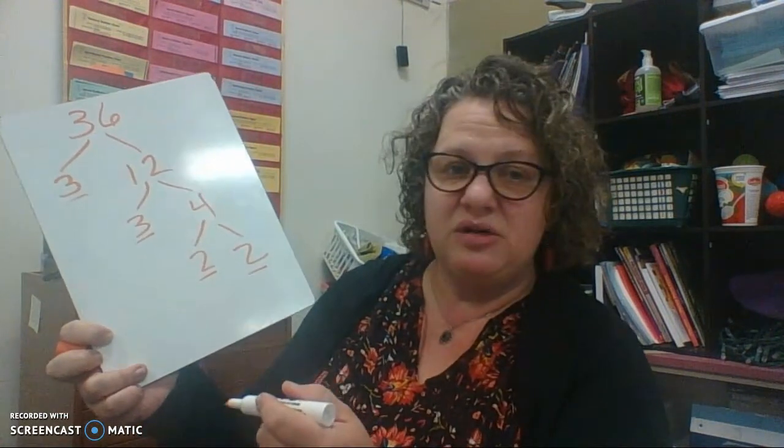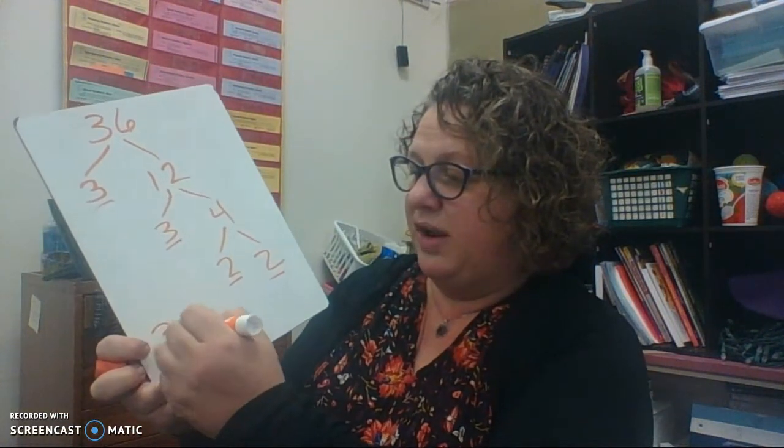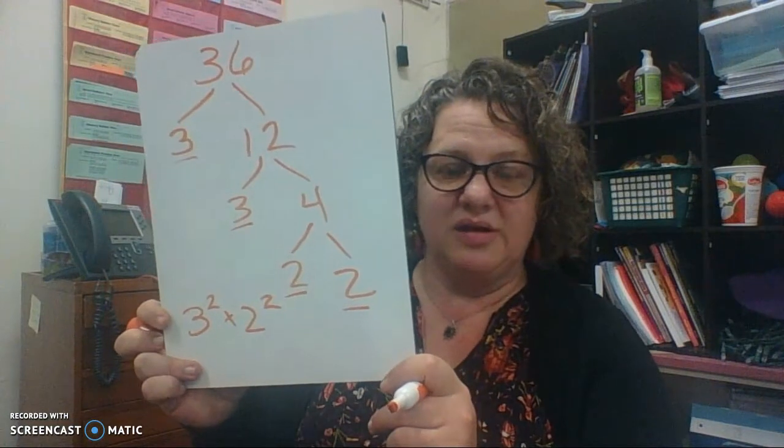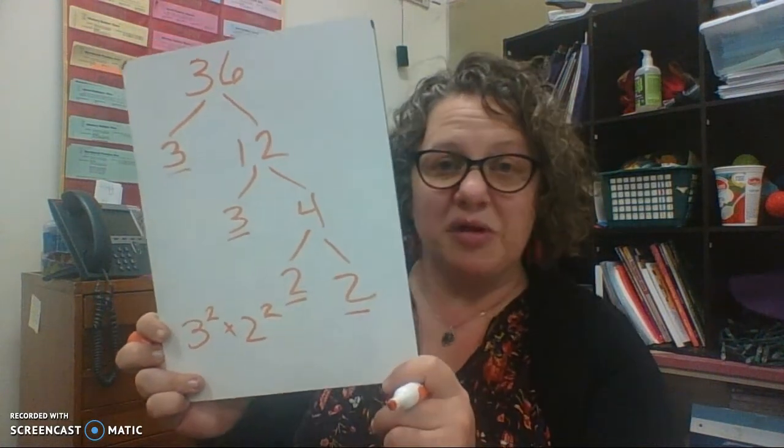Well, now you can use your exponents to describe your factors in here. So instead of writing 3 times 3 times 2 times 2, you can write 3 squared times 2 squared. It's another way we can use exponents.